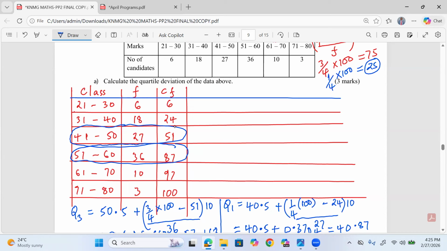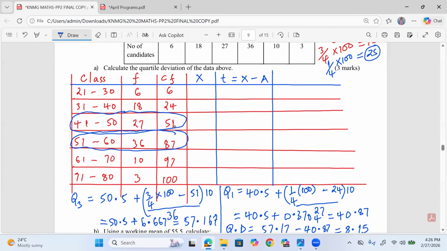So we can talk about deviation t, and I've given you the formula for t. t will be given by each midpoint x minus the assumed mean of 55.5. So we get the midpoints. Sorry for that. Midpoints means the limits added, divide by 2. 21 and 30, we divide by 2, 25.5.